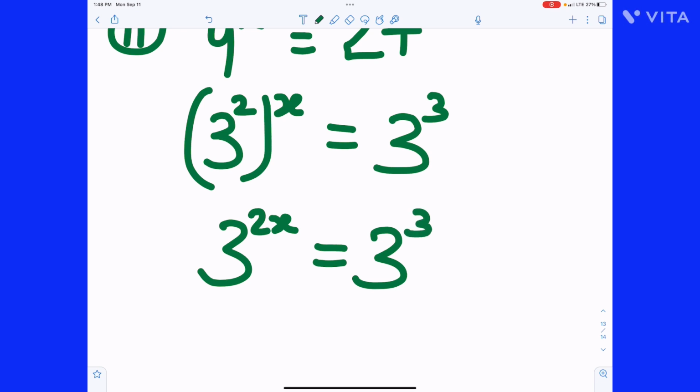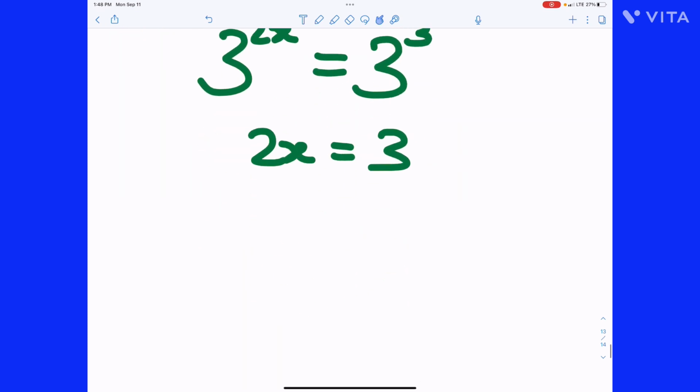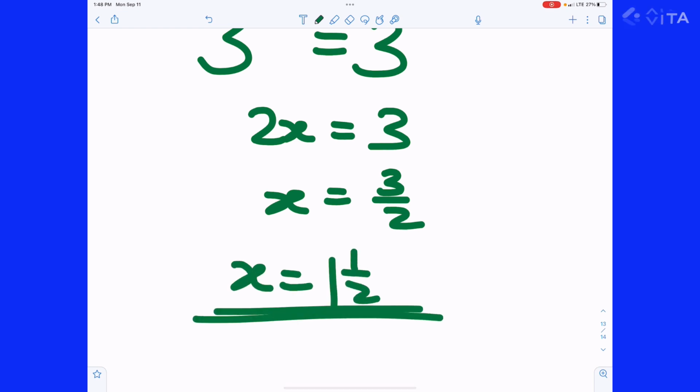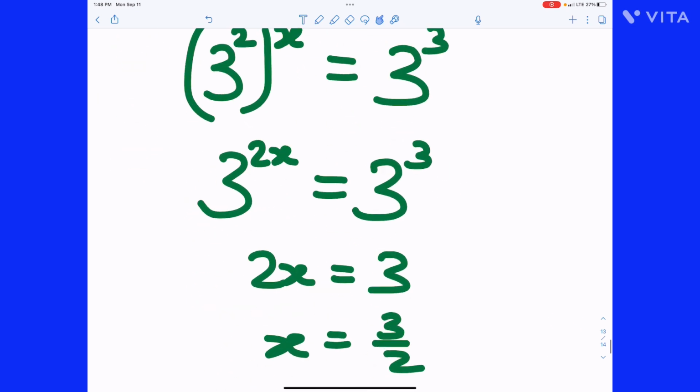Now the bases are the same, so we can equate powers. What does that give us? 2x is 3. X is what? X is 3 over 2, or x is 1 and a half. That solves the problem then. Number 12.